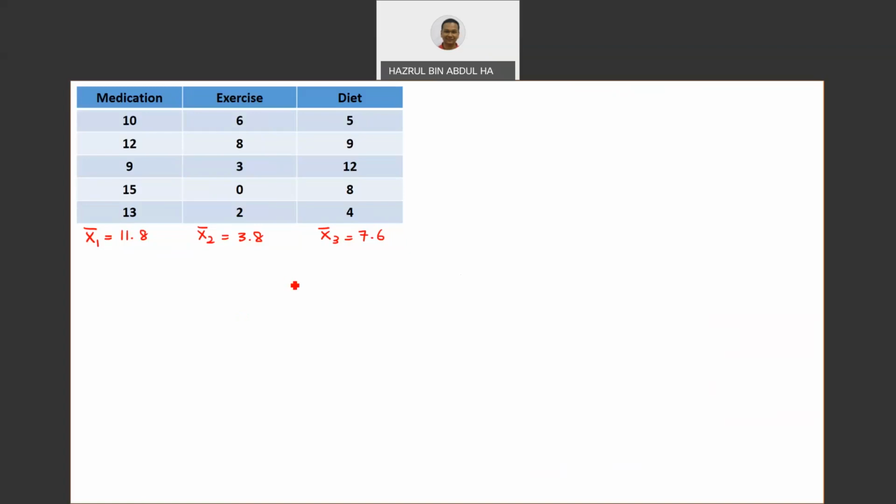To find the test statistic for the Scheffe test, this is the formula: Fs is equal to (x bar i minus x bar j) squared, divided by MSW multiplied by (1 over Ni plus 1 over Nj).